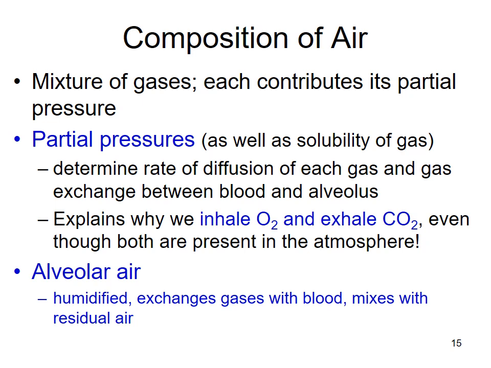So in case some of you, when we were doing our previous discussion about atmospheric pressure and pulmonary pressure, were thinking, but wait, how does it know oxygen from carbon dioxide from nitrogen? It's all based on partial pressure. So what does the individual gas contribute to the pressure point?